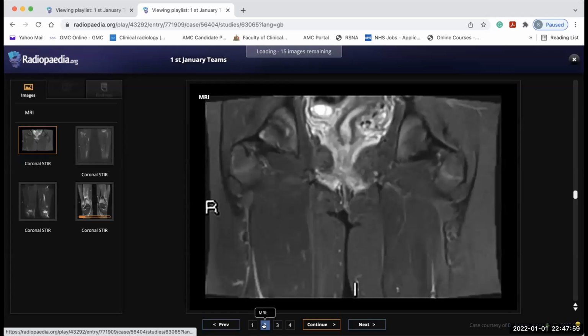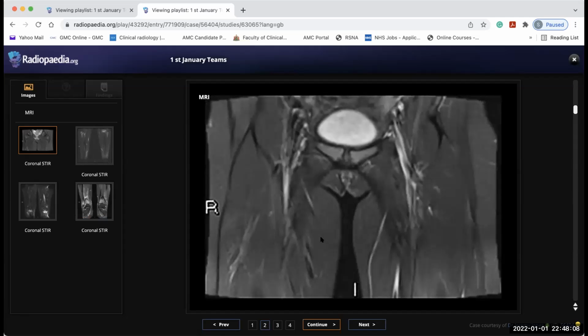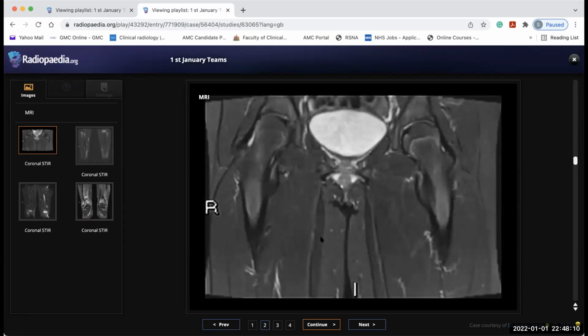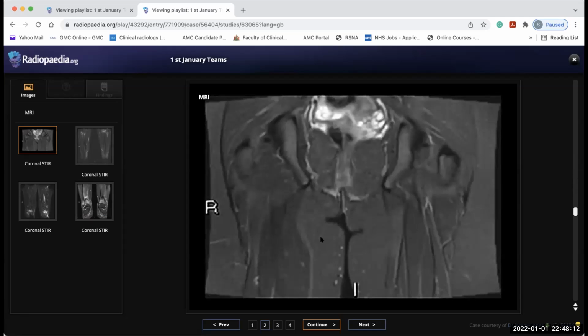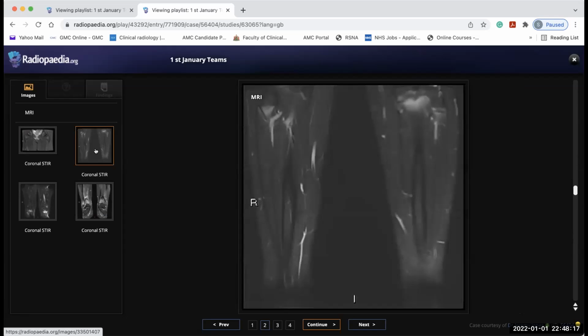We have STIR images for the entire lower limb, both lower limbs, starting from the femur. Then we'll move a little bit down.